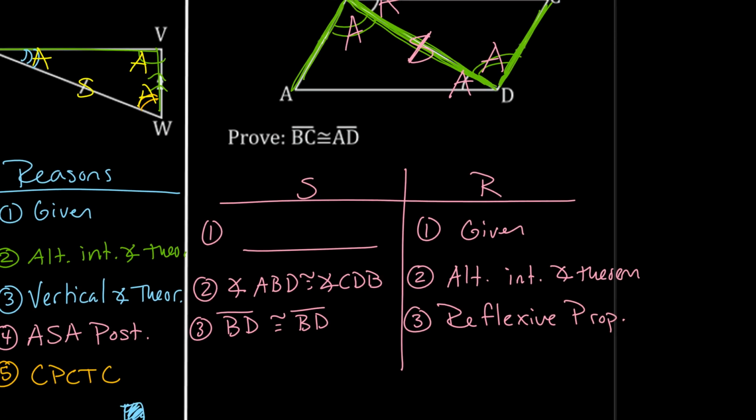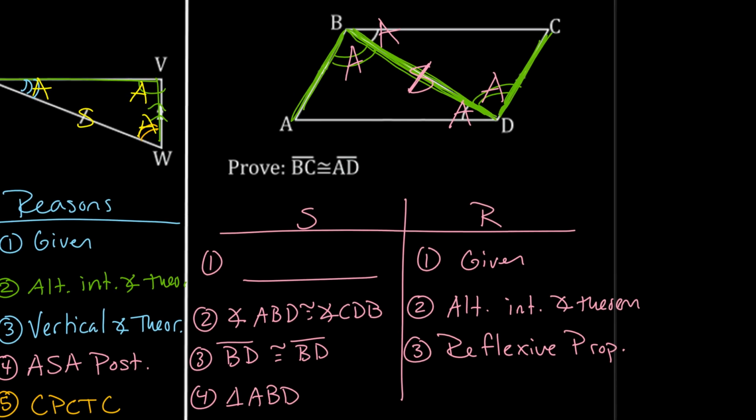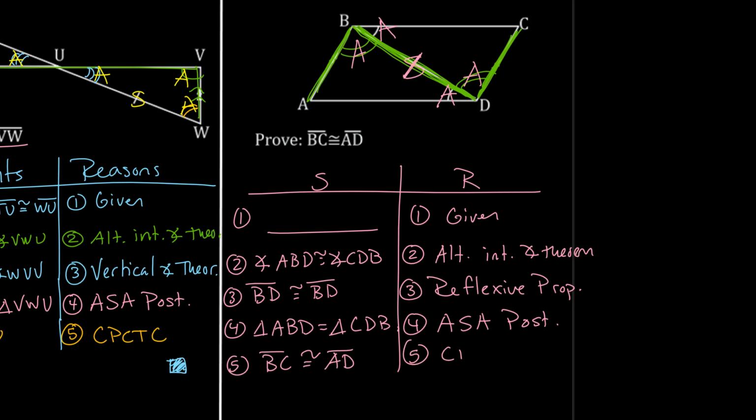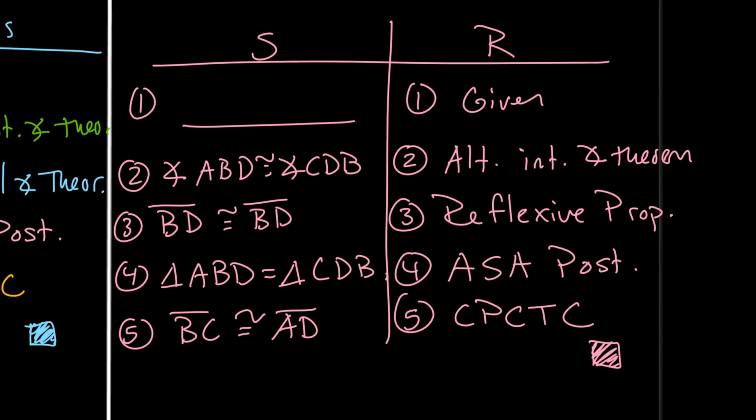Then I now know triangle ABD is congruent to triangle CDB by ASA postulate. And then I can state BC is congruent to AD by CPCTC. Any questions on this proof?